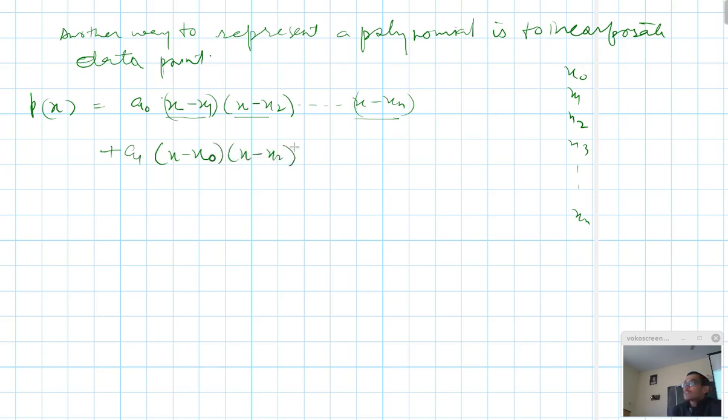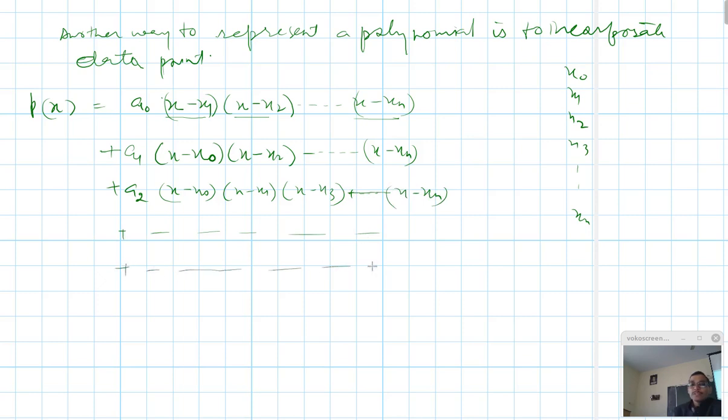I am not considering now x minus x1, x minus xn, plus a2 x minus x naught, x minus x1, then after that x minus x3. I will not consider x minus x2 and so on into x minus xn, plus and so on. It is an, it is x minus x naught, x minus x1, x minus x2 and so on, x minus xn minus 1. This is the polynomial which I am considering.